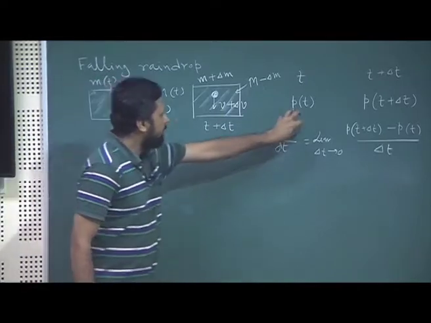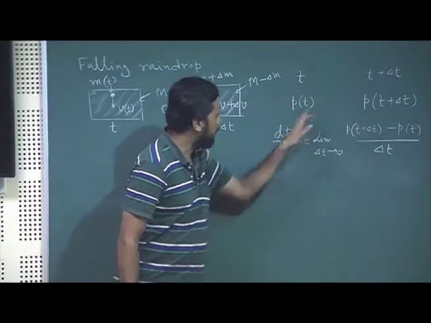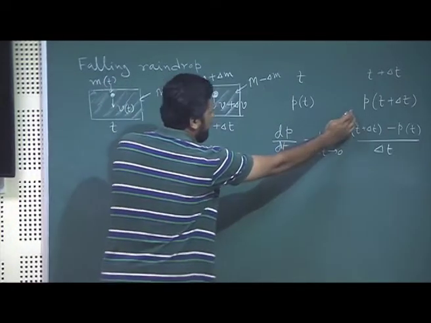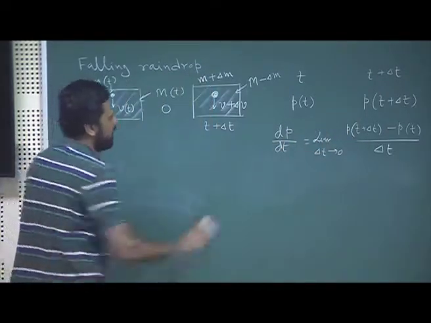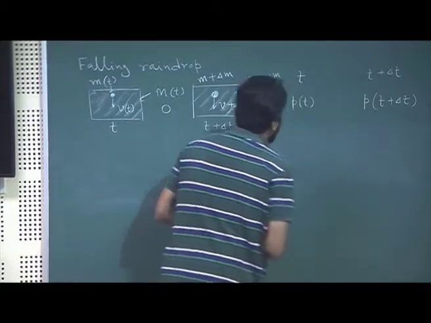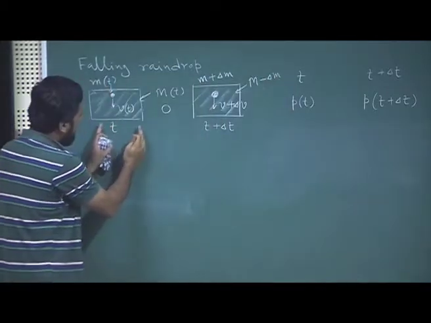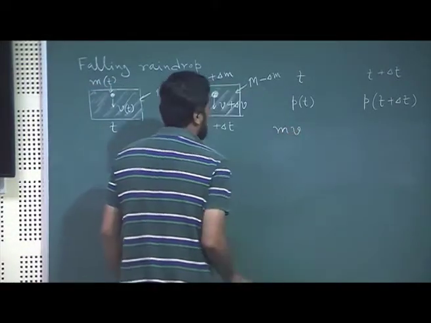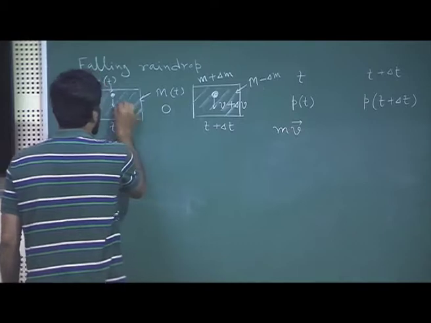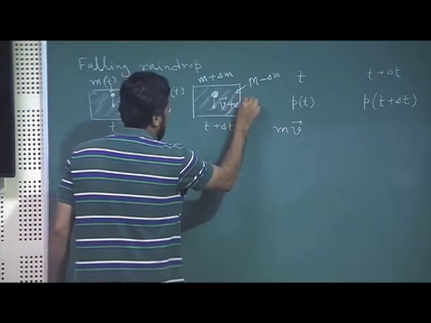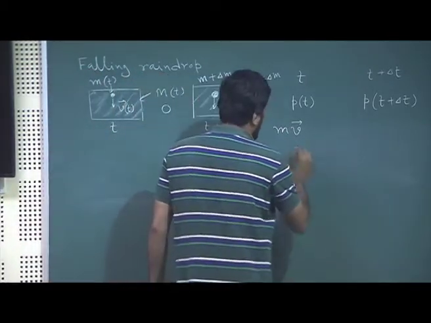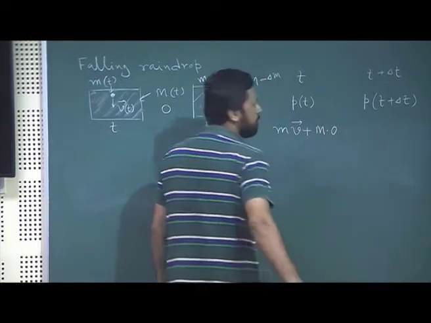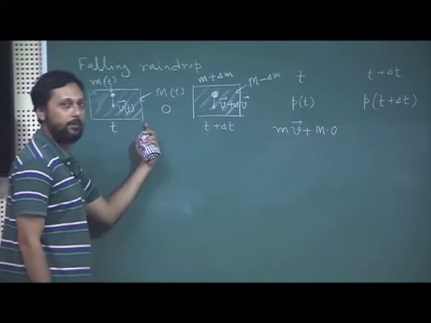So, what are the momentum p and p plus delta p of this system at time t and time t plus delta t? We first have to construct that. So, momentum at this time is m v. Please remember that v is a vector. So, we will just keep writing vector here, plus M into 0, because the cloud is not moving.